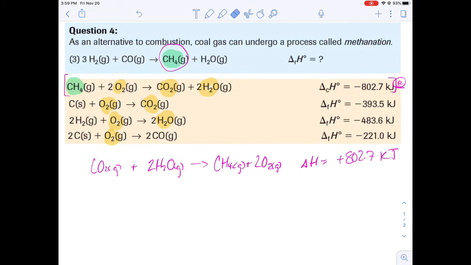Now for my second reaction, when I look at this, I don't have carbon in this reaction. I do have oxygen, but oxygen's in all of these reactions, and carbon dioxide is also not in this reaction. So I'm not sure what I should do with this reaction.